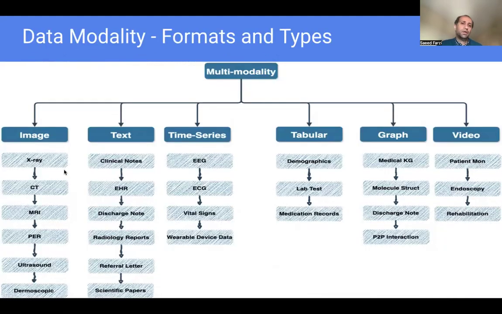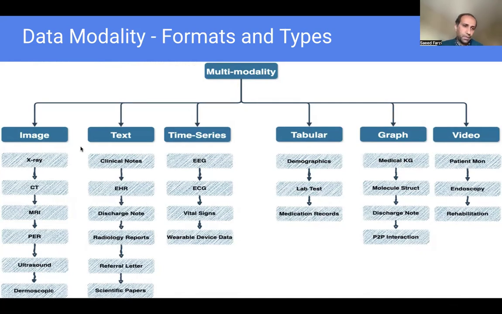But from my point of view, data modality in healthcare should be categorized into six categories. You can see here, this diagram helps me explain each category in detail: image, text, time series, tabular, graph, and video.